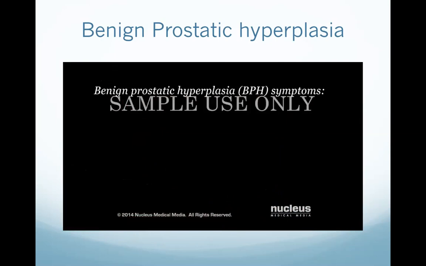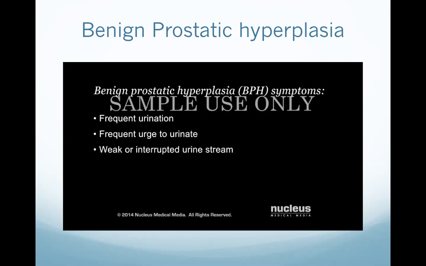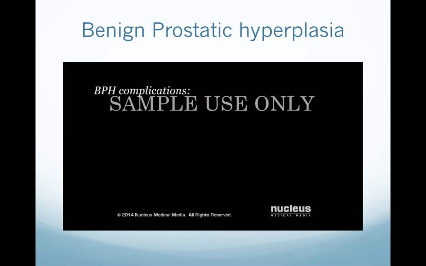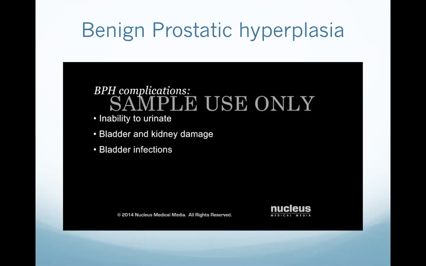The symptoms of benign prostatic hyperplasia include frequent urination or urge to urinate, especially at night, a weak or interrupted urine stream, and straining to urinate. Over time, untreated benign prostatic hyperplasia may cause the following complications: inability to urinate, damage to your bladder and kidneys, bladder infections, bladder stones, and urine leakage called incontinence.